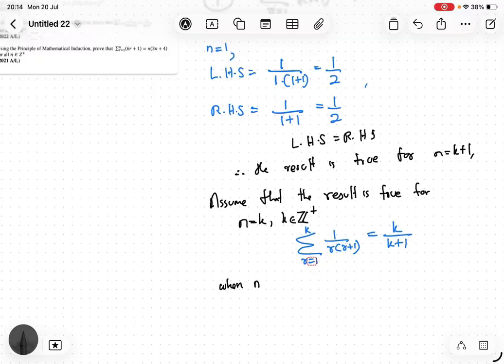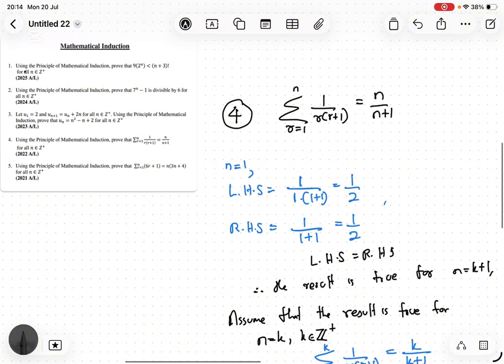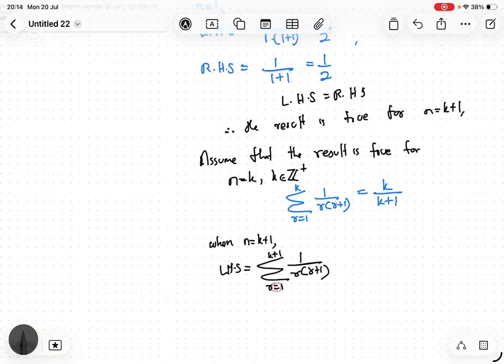When n equals k plus 1, the left hand side is sigma r equals 1 to k plus 1, 1 over r into r plus 1. We replace n with k plus 1. What do we mean by this?